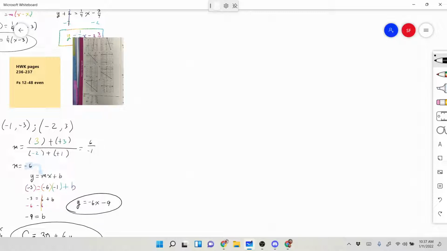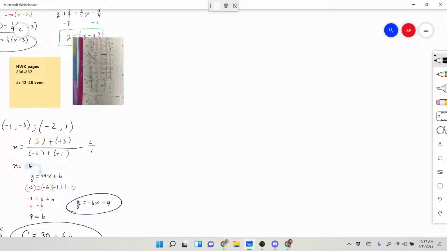Where was I? 46 is y minus 8 equals 8/5 times quantity x plus 2. Second part is y equals 8/5 x plus 56/5. Third part is 8x minus 5y equals negative 56. 48a is f of x equals negative 70x plus 724.